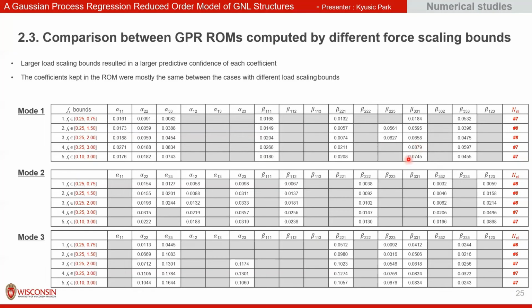But it was interesting to see that the nonlinear coefficients kept in the GPR ROM were mostly the same between the different cases. This means the GPR ROM was robust enough. So even when the GPR ROM was computed using a smaller force scaling, it was able to evaluate and distinguish relatively uncertain coefficients from the certain ones in that ROM.